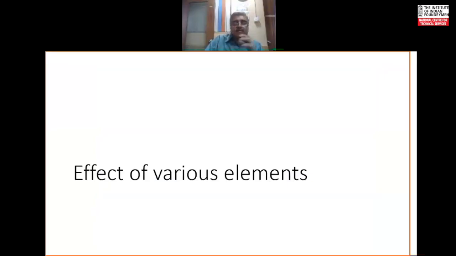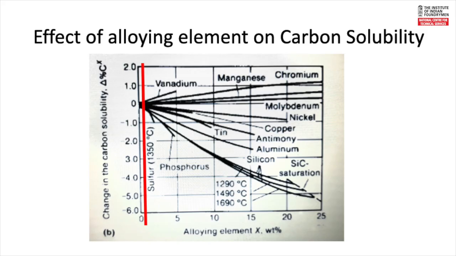Now, after looking at how the graphite forms and what types of flakes you will see in gray iron, let's look at the effect of various elements. Here is a graph which shows percentage of alloying element on the x-axis and change in the carbon solubility, expressed as delta percentage C, on the y-axis.